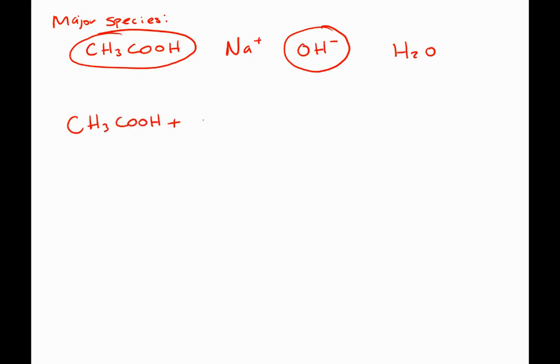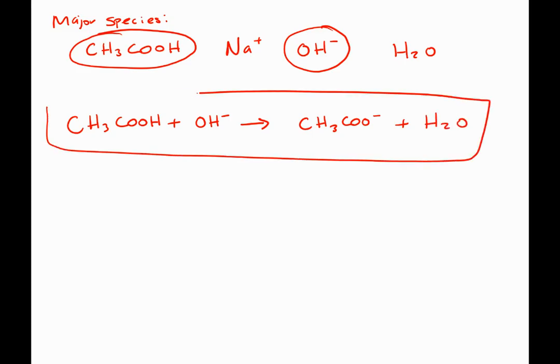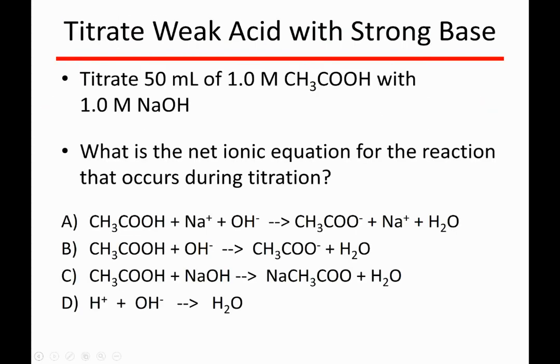CH3COOH reacts with the hydroxide ion to completion to produce the acetate ion and water. This is the net ionic equation for the reaction that occurs here. Because we do not dissociate the acetic acid to a great extent, you have to keep it together in that form. So our answer here is, it looks like B.